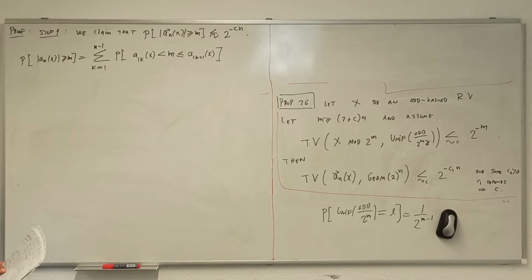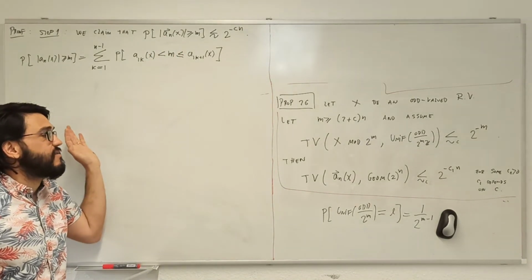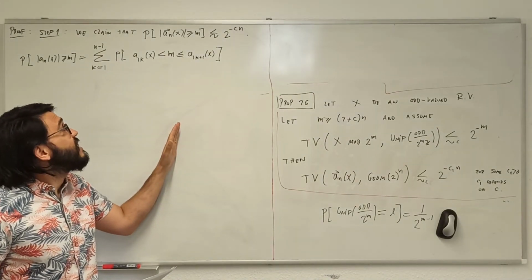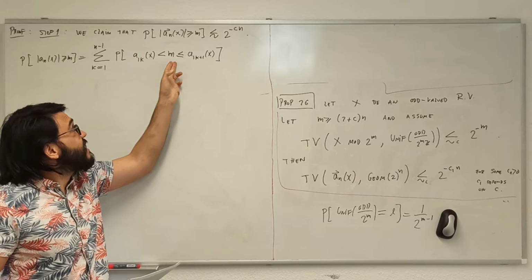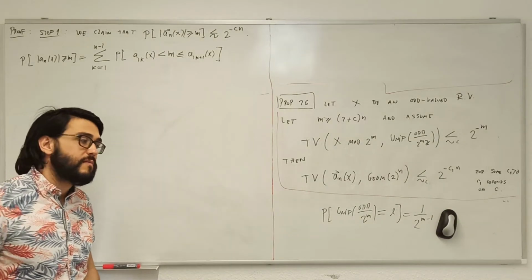So you take the partial sums, and exactly one of these partial sums will be less than m, while the next one is greater than or equal to m.